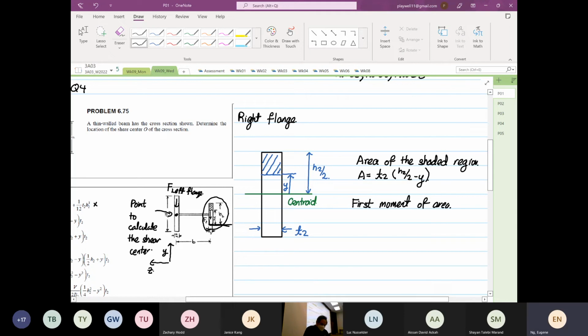Okay. So the first moment of area about the z-axis is equal to A times Y bar. Where Y bar is the distance from here to here.